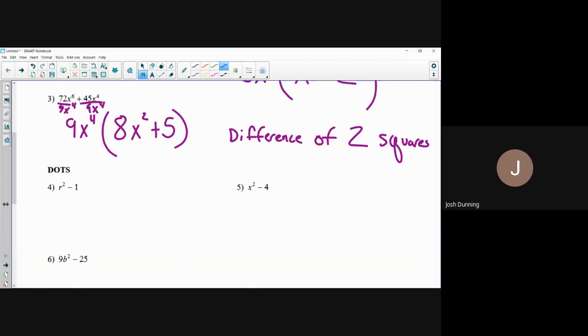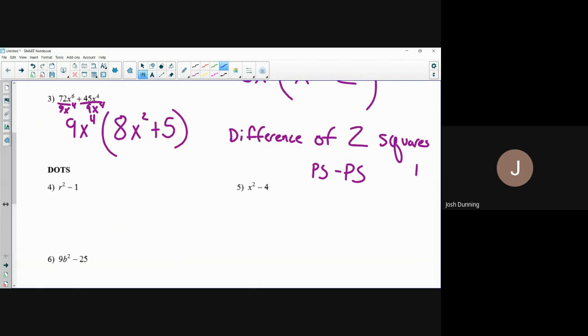So the question has to have a minus, and they all do. The way these look is you have a perfect square, a minus sign, and another perfect square. Now, by perfect squares, the numbers I mean are like 1 squared. 1 times 1 is 1. So that's a perfect square.